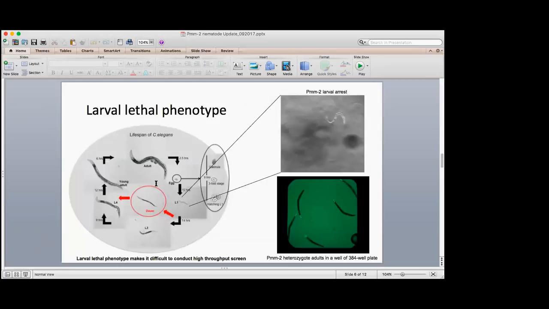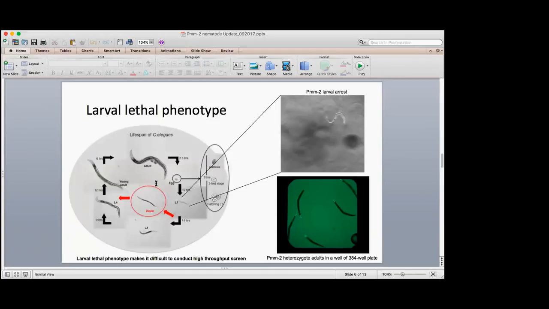So just showing a plot of worm development. And so here's an image of some of these PMM2 mutants, and they arrest as larvae. And again, we think that that may simply be too severe of a phenotype to suppress, although we certainly can try to use that going forward as a control to see if we can get any amount of rescue.